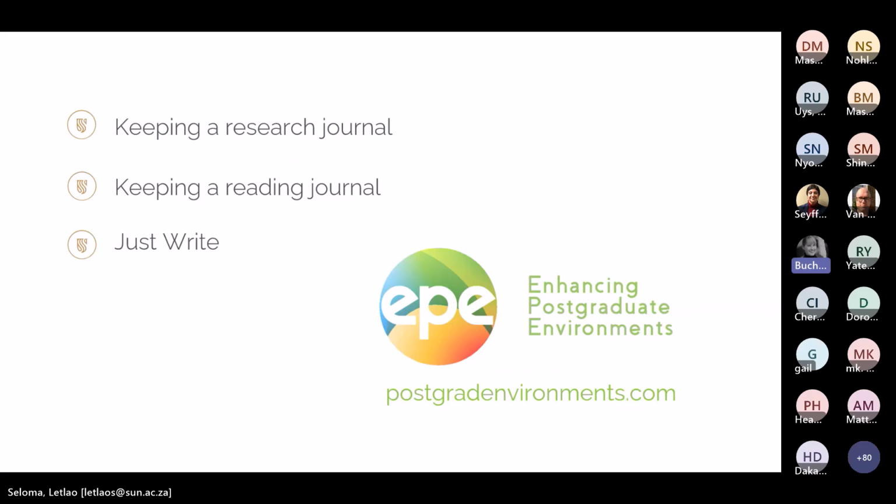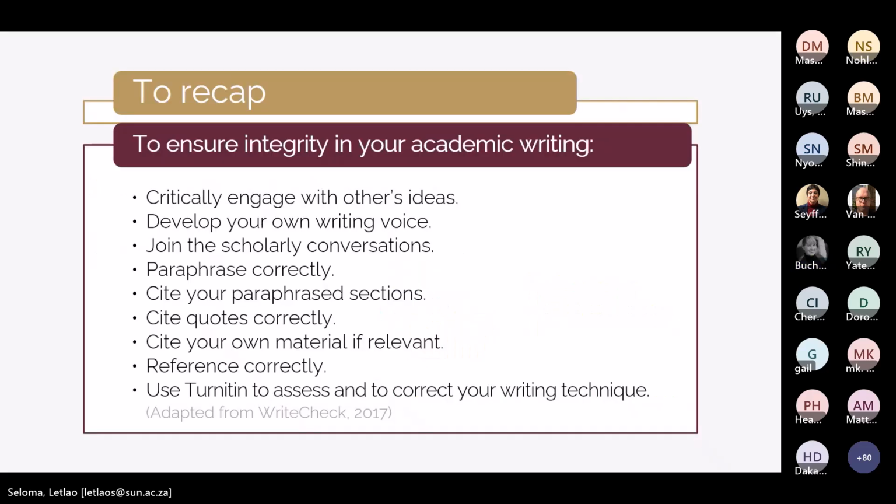All right, so we're now at our recap slide, and you may have some questions, but let me just jog through these. This is what I covered during my presentation. I've indicated that to ensure your integrity in academic writing, you need to critically engage with others' ideas.